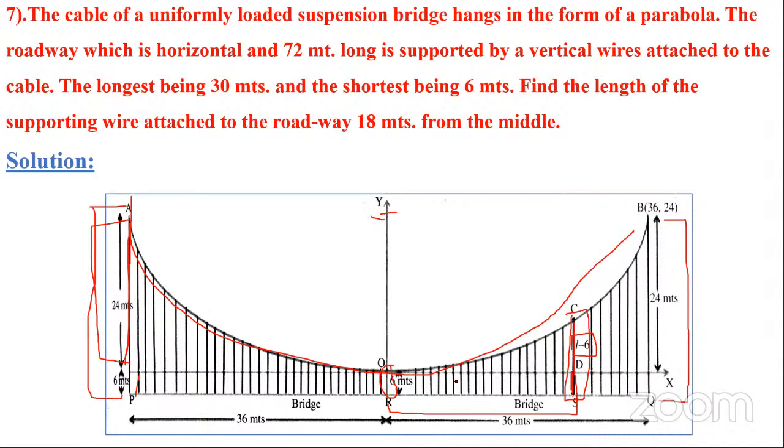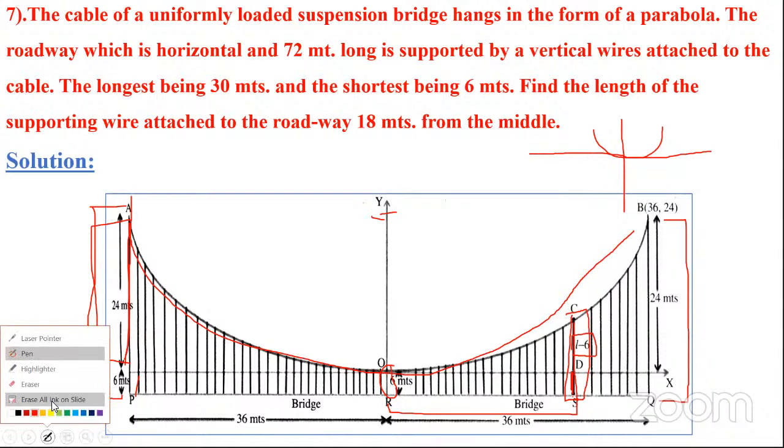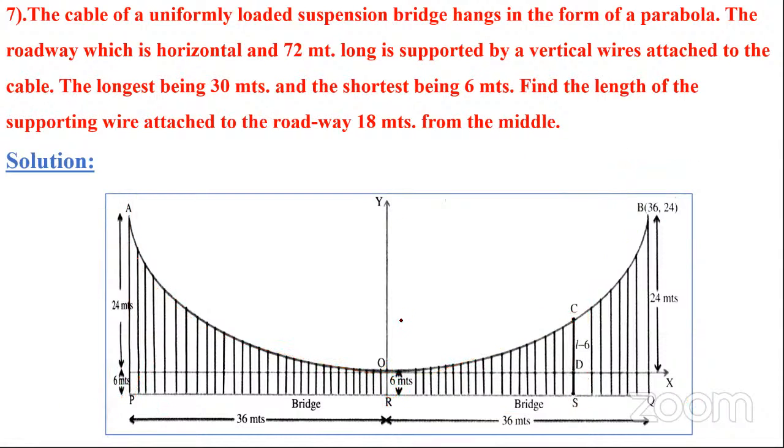Okay, this is like a parabola, like this. Sorry, so this is the x squared equal to 4ay parabola. Please observe this once again. And the point B here, take that B point as 36 comma 24.